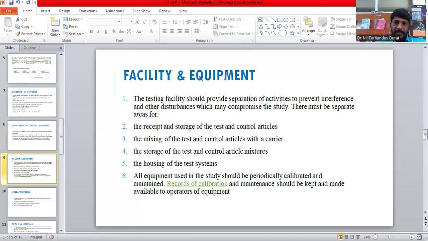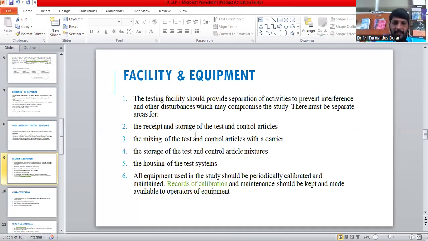There must be a separate area for the receipt and storage of the test and control article. The place should be separated. So you can see in the hospital or the non-clinical area, the research center, the laboratory, the reception will be there. They receive the article and store it.